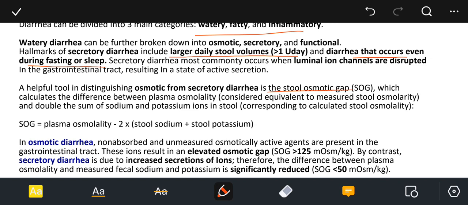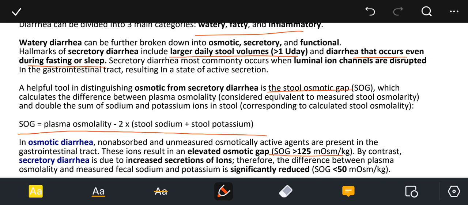So stool osmotic gap is equal to plasma osmolality minus 2 times (stool sodium plus stool potassium). In osmotic diarrhea, non-absorbed and unmeasured osmotically active agents are present in the gastrointestinal tract. These result in an elevated osmotic gap of more than 125 mOsm/kg.